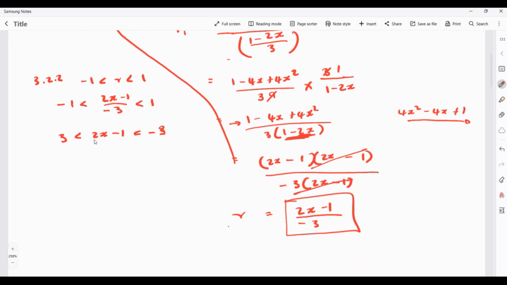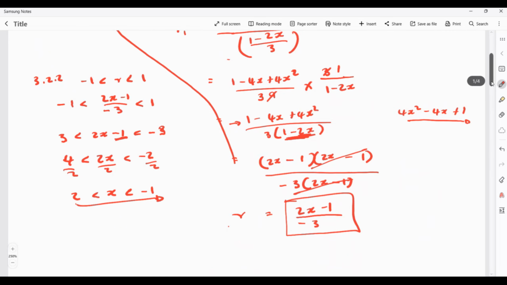Now I'm going to transpose this to both sides. When I transpose it to the other side, I have 4 less than 2x, and on that side I will have negative 2. Then I divide both sides by 2. Then I'll have 2 less than x, x less than negative 1 over there. And that is my answer that they wanted.